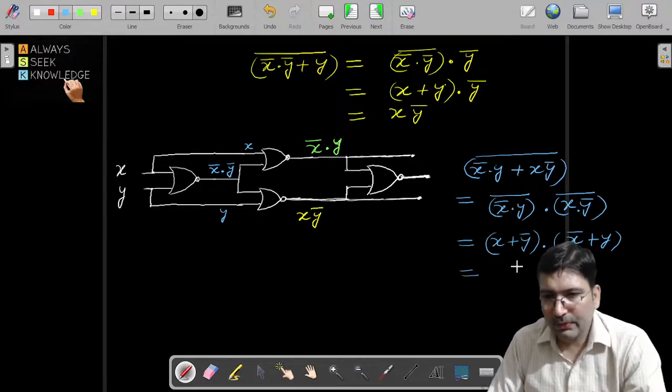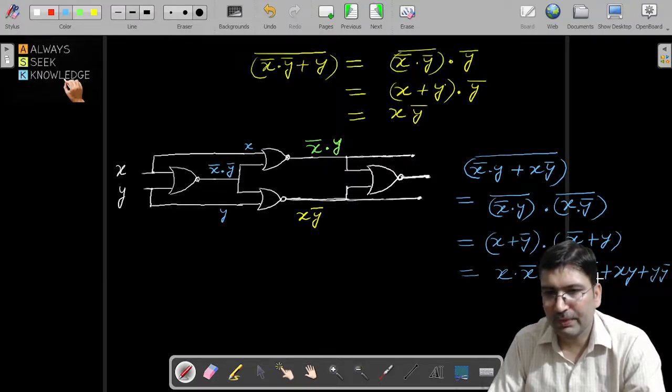So here if we open this, we will get X dot X bar plus X bar Y bar plus XY plus Y dot Y bar. So this will give us 0, this will also give us 0.